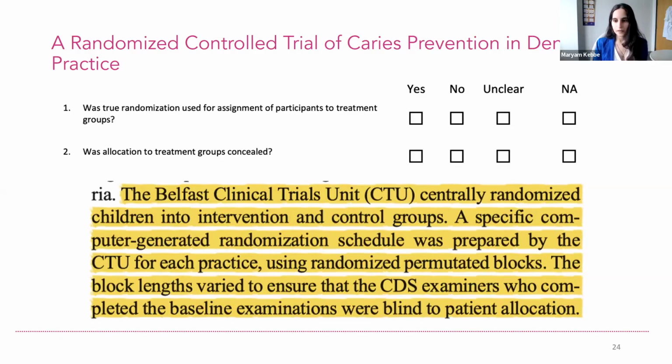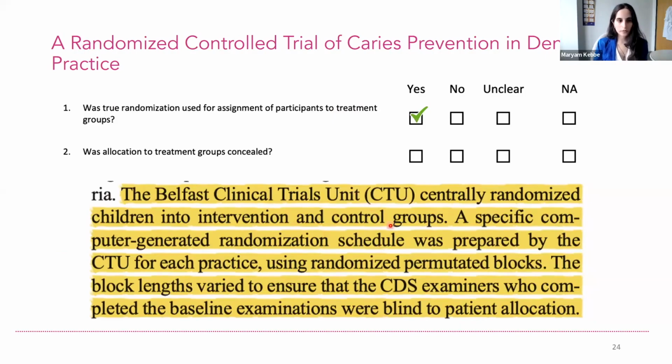Okay, so here what you want to look for in the paper was whether a list of random numbers was used, whether it was computer-generated list of numbers. And you see here that they reported that the clinical trials unit that they had utilized centrally randomized children into intervention and control group using computer-generated randomization schedule. So that would be a yes.